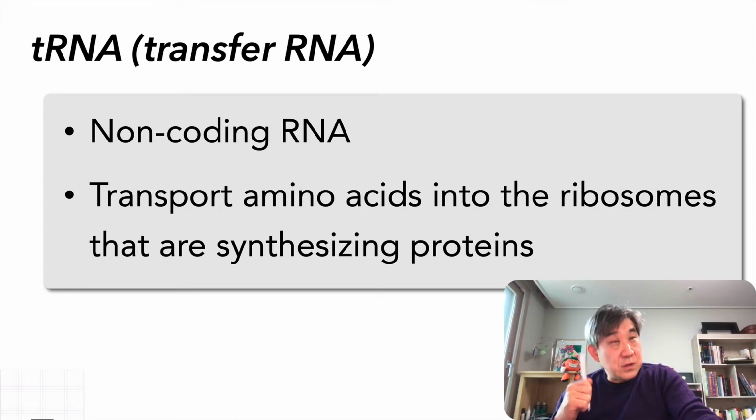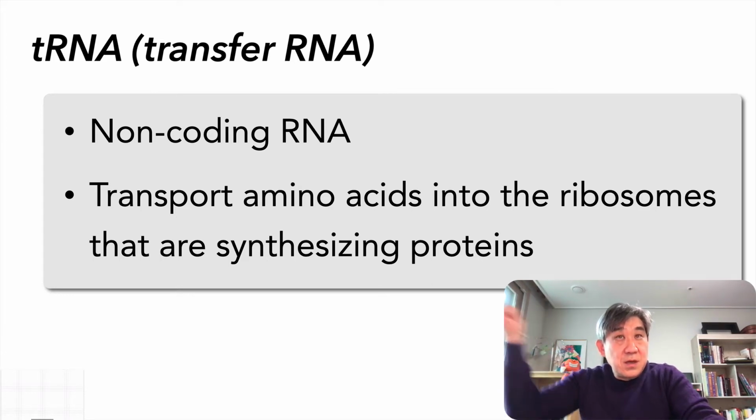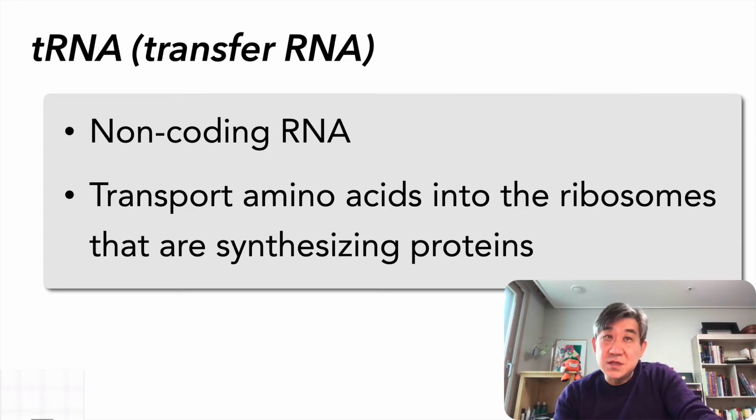But nonetheless, you can easily imagine that without transfer RNA, you cannot perform protein synthesis, because these are the ones that recognize individual amino acids and carry them over to the site of protein synthesis, which is the ribosome.